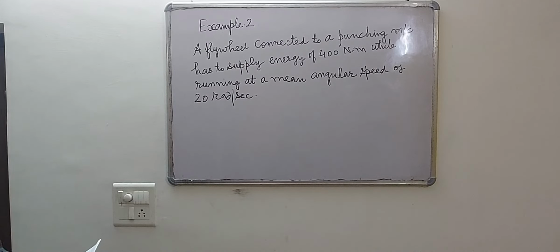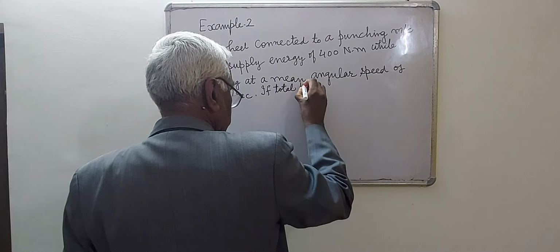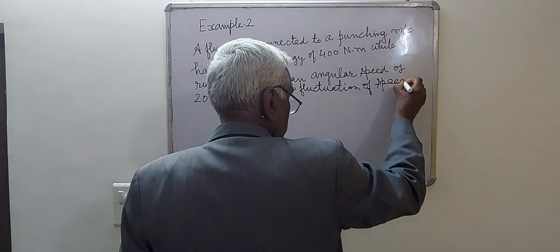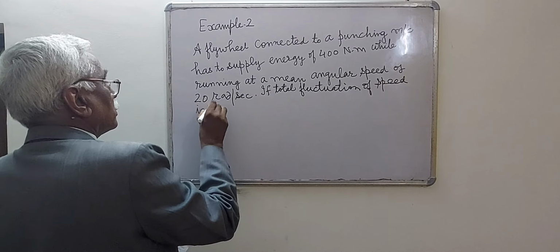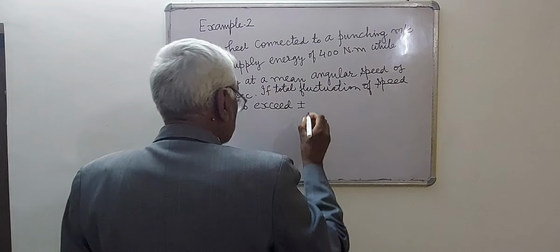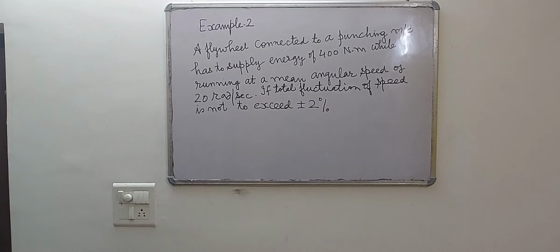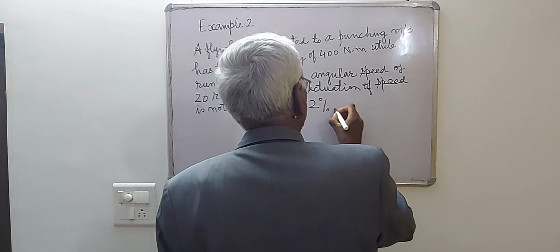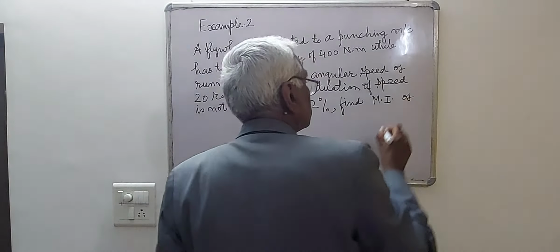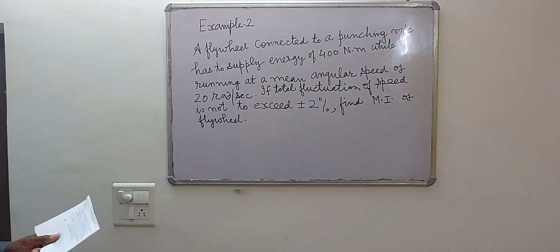If the total fluctuation of speed is not to exceed plus minus 2%, find the mass moment of inertia of the flywheel.